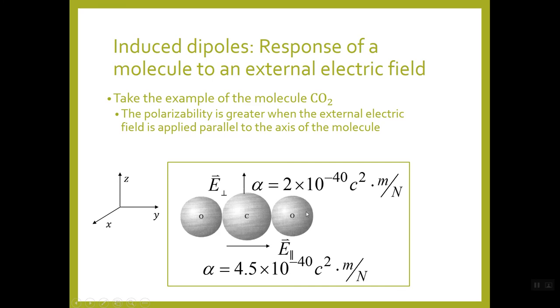In this particular case for CO2, our alpha is greater when the external electric field is applied parallel to the axis, as opposed to applying the electric field in a perpendicular direction, where the alpha is less.